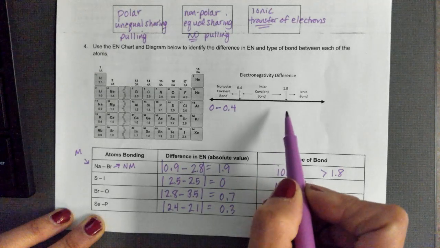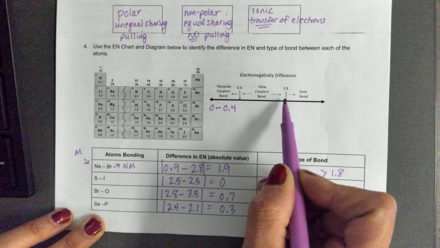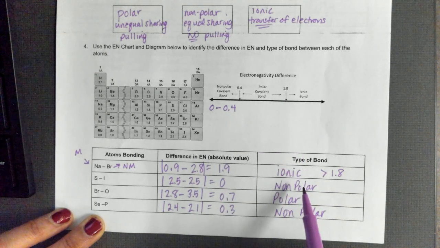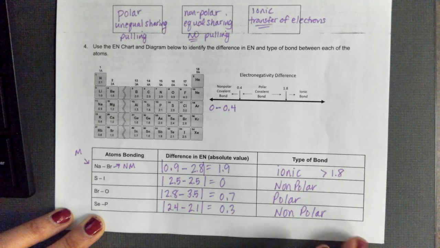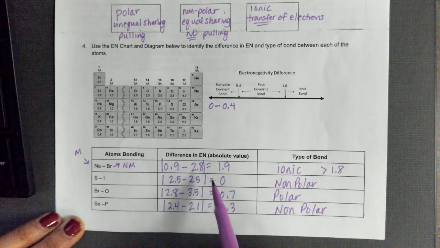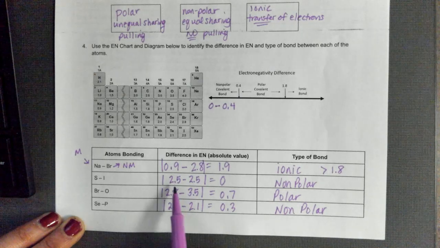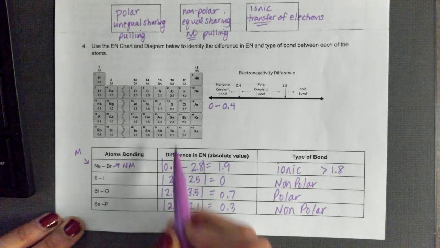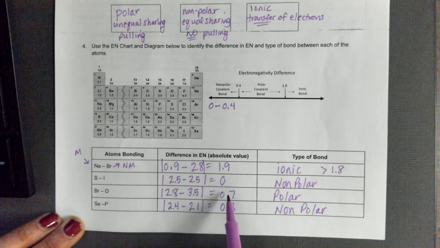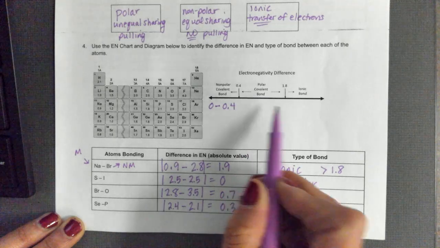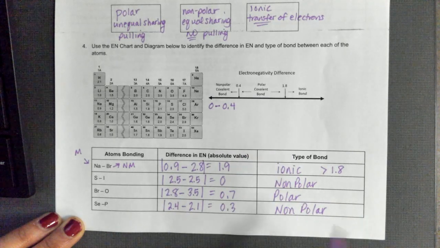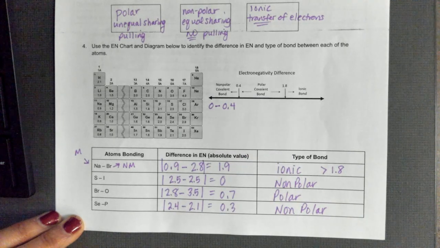Then we look up at this chart and see that it's greater than 1.8. That means it's going to be an ionic bond. I did the same thing for these examples as well, just subtracting their numbers from my table, finding that value on the chart, and determining what type of bond it is.